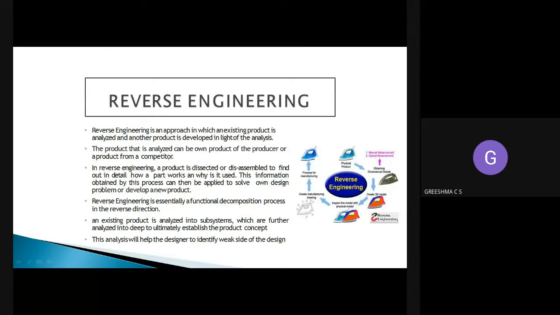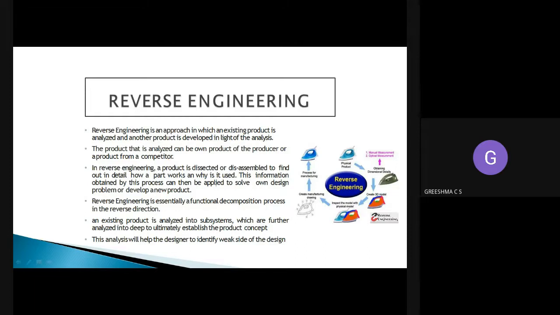Even these mobile phones will have a new version. We don't know what it is, but it will come. The mobile phones that you are using now will be thrown away. Within 10 years, you will have a new mobile, with some new techniques. So that is the process: an existing product is analyzed and a new product is developed along the line.